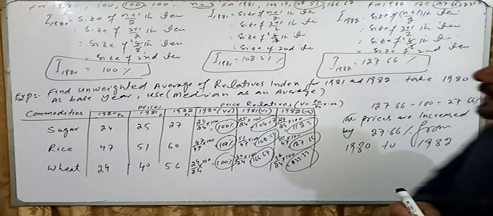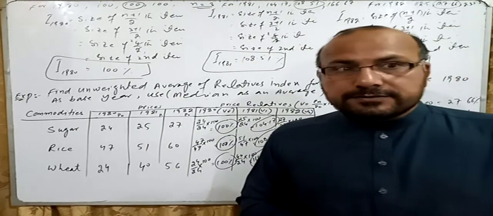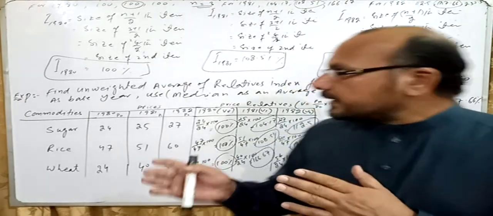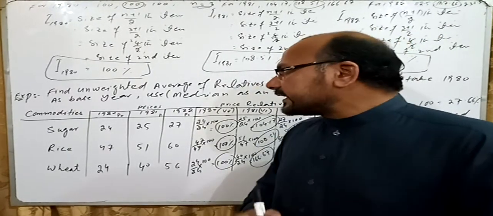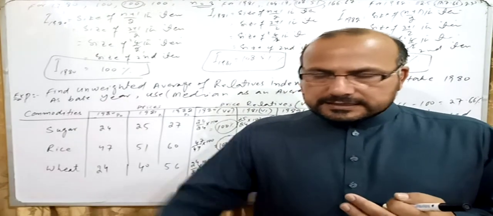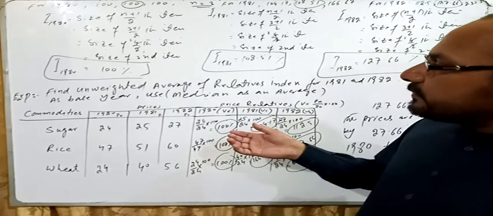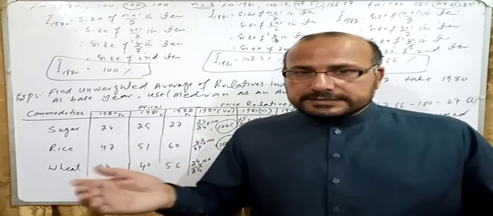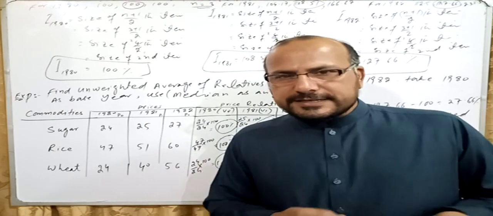This way you can use the average method and calculate the unweighted average of relatives. You can use an average like arithmetic mean, you can use the median, and you can also use the geometric mean, but in geometric mean you will need to take logarithm and anti-logarithm.